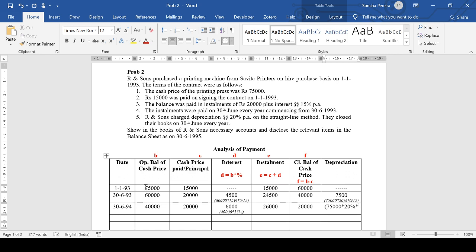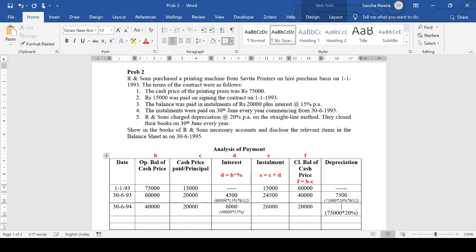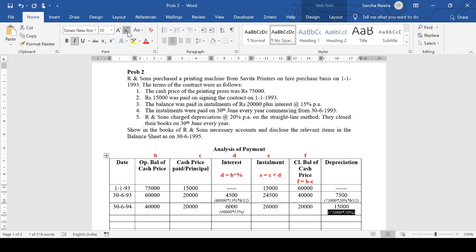It's going to be 12 by 12, and I don't need to write it because 12 divided by 12 is 1. So 75,000 into 20% is going to give me, you can check it on your calculators, 15,000. Okay. So why am I not putting 6 by 12? Because it's for the full year. So I don't need to show it separately.